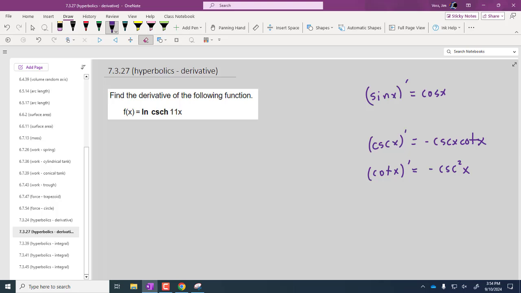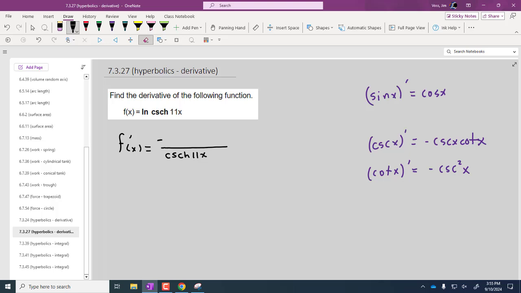Okay, so the one thing with the hyperbolics, the 3 primaries are positive, the 3 others are negative. The primaries are cosh, sinh, and tanh. So this one's definitely going to stay negative. The first thing we're going to do is the derivative of a log is 1 over the inside. So we take the entire inside, put it in the denominator, times the derivative of the inside.